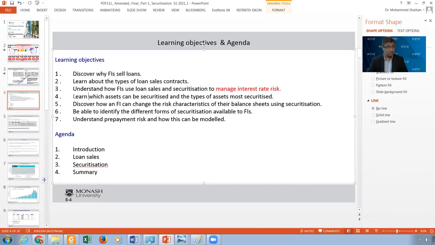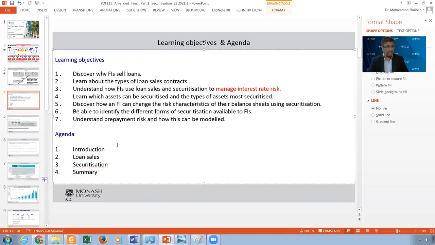The second part is securitization. As I told you, securitization and loan sales are almost the same if you look at them from the perspective of moving the loans off my balance sheet; it is just that the way we do it is different.